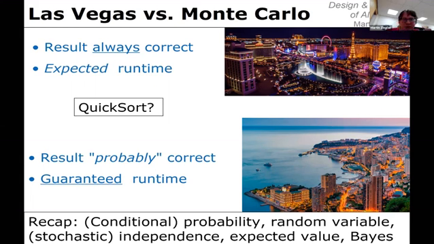Very good, thank you. Okay, let's now move on to discuss possible errors of such Monte Carlo algorithms. This is a slide about errors and probability amplification, or reliability amplification, for randomized algorithms.